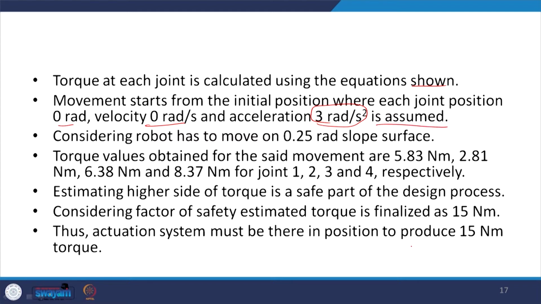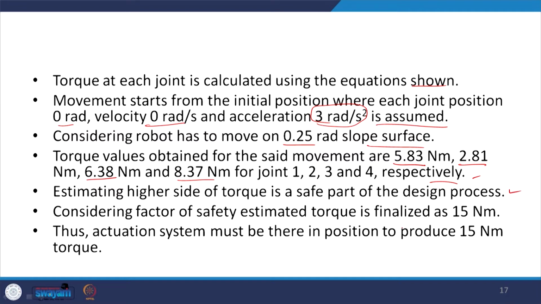We considered that the robot moves on this inclined slope, and then we calculated these torque values: 5.83 Newton meter, 2.81 Newton meter, 6.38 Newton meter and 8.737 Newton meter for joints 1, 2, 3 and 4 respectively.